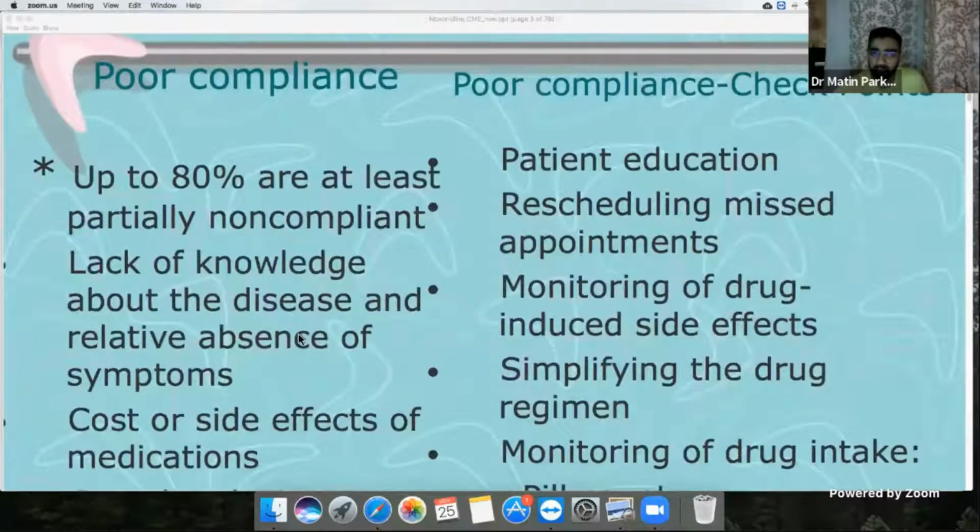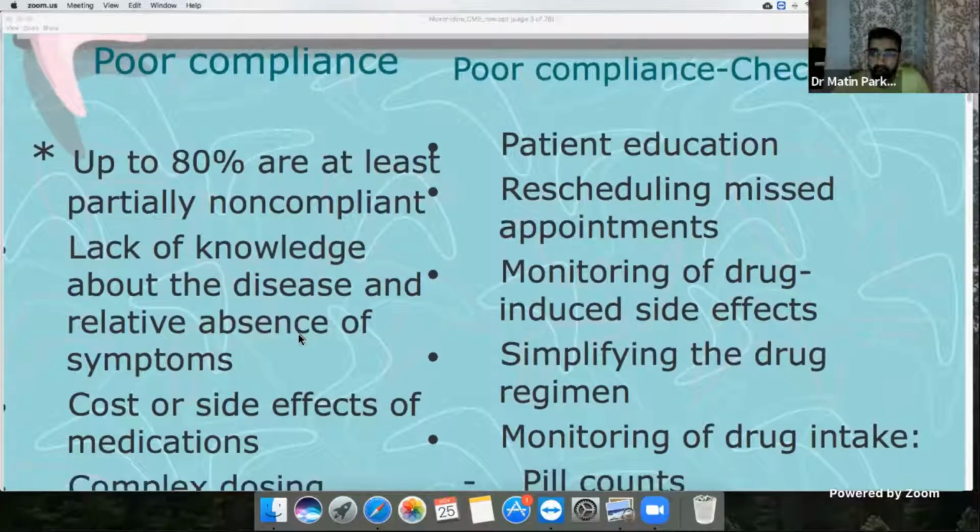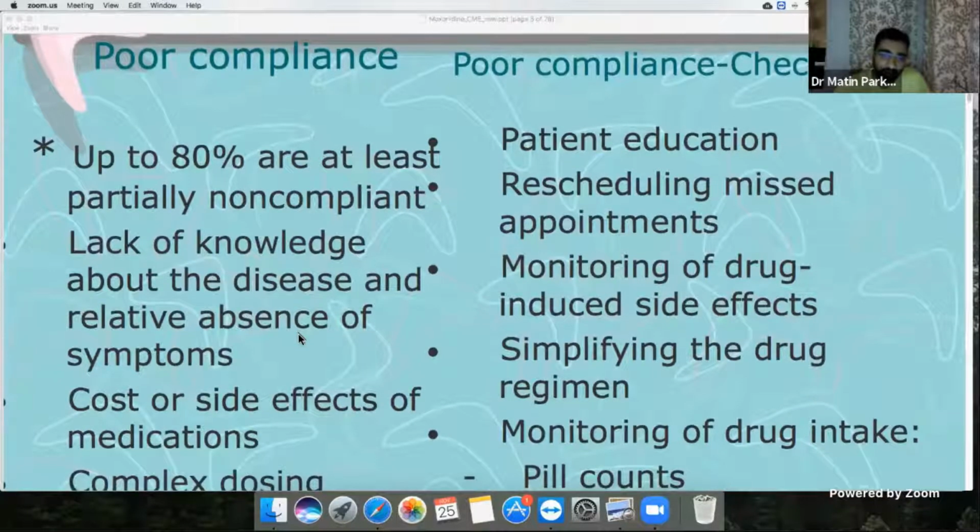Then next is poor compliance. Poor compliance means the patient is not taking medicines properly, which leads to resistant hypertension, noting of repetitive higher blood pressures. So poor compliance is one of the most common causes.